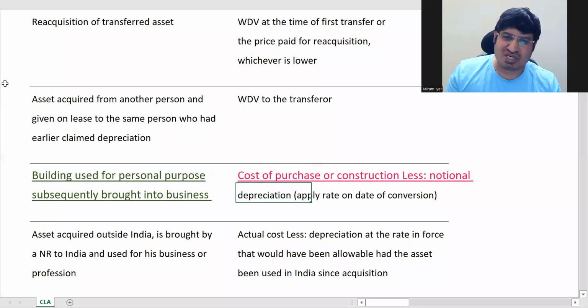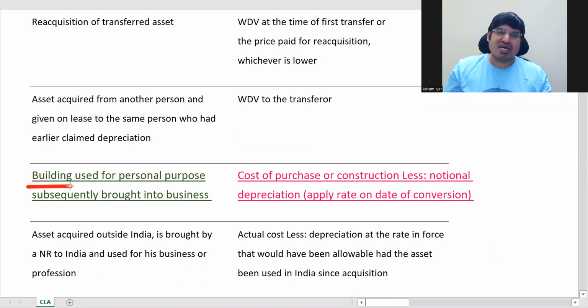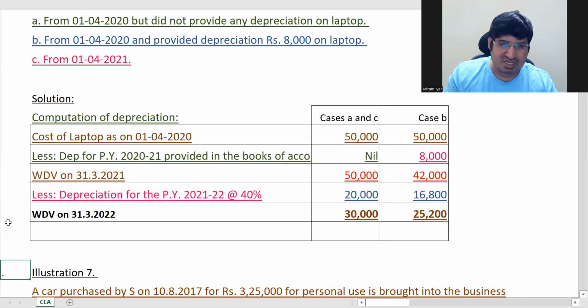Cost of purchase or construction less notional depreciation, correct? But see here, it is a specific provision. It's saying building only here. So this provision is only for building, not for other assets. So this notional depreciation you will apply only for building. That's why we will not apply notional depreciation here.